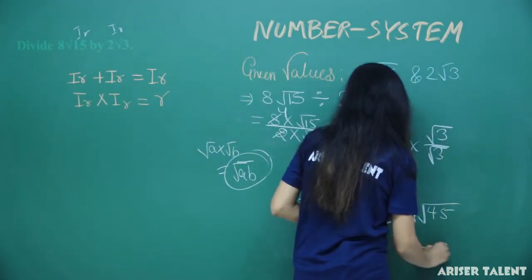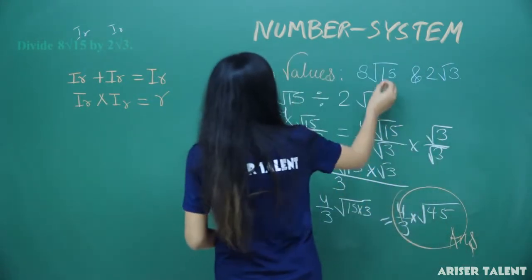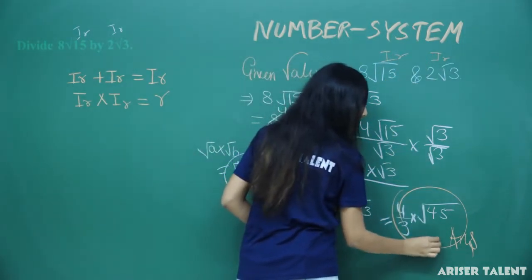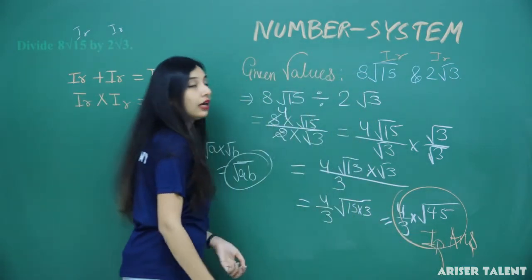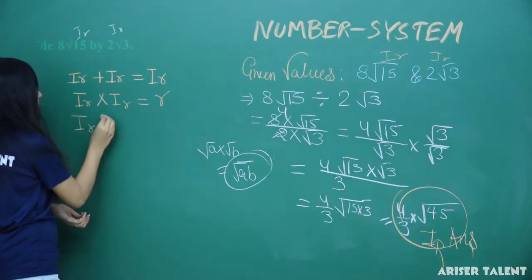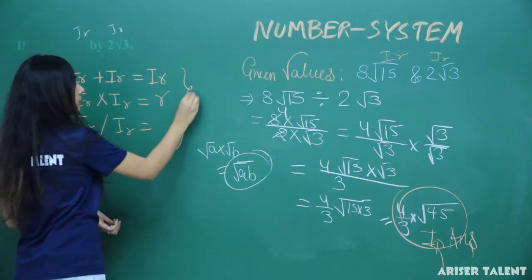Now what have you done here? You have picked two irrationals, and you got an irrational again. So here, division, all this, not always.